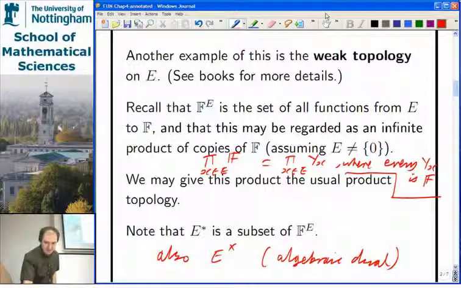And E star is the topological dual, which is those functions from E into F that happen to be linear and continuous. So they're certainly all subsets of F to the E. So you can take the subspace topology from the product topology. And that's the topology we're going to be looking at in this section.